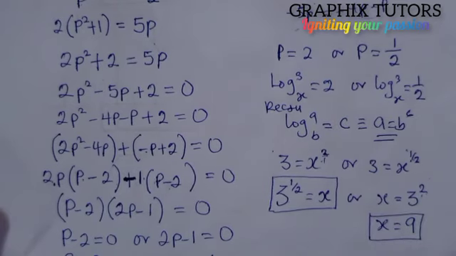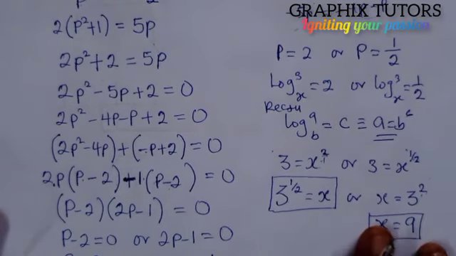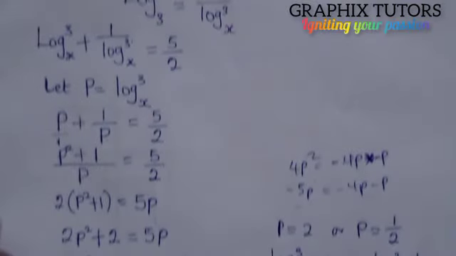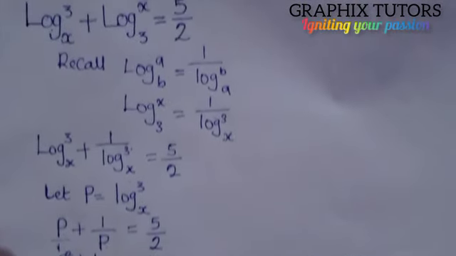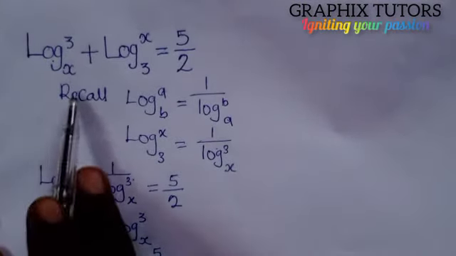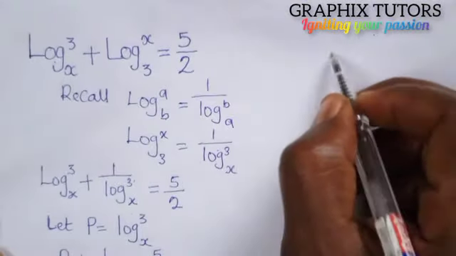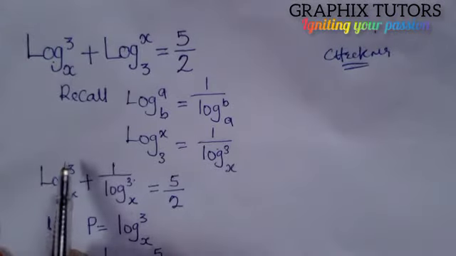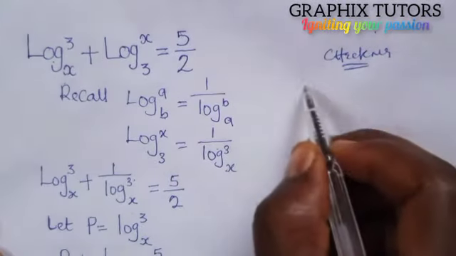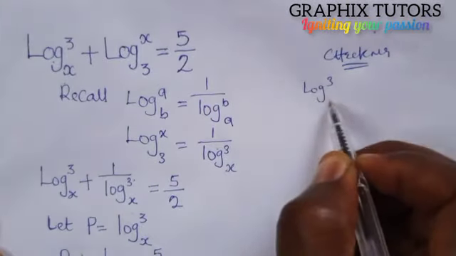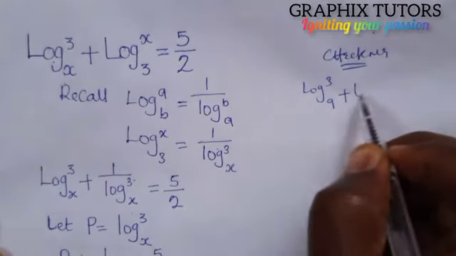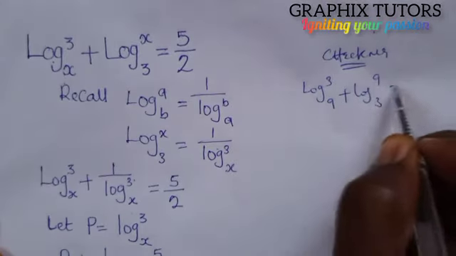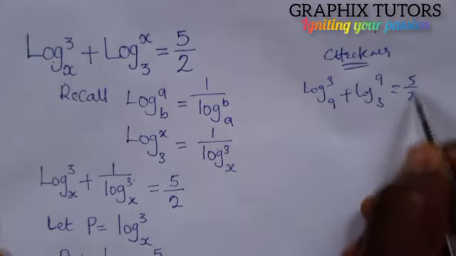Right? Now if you want to check if you are correct, let's assume x is 9. Let's come here and see when x is 9. If x is 9, we want to check if we are correct. When x is 9, we have log 3 to 9 plus log 9 to 3 equals to 5 over 2. We must have 5 over 2.